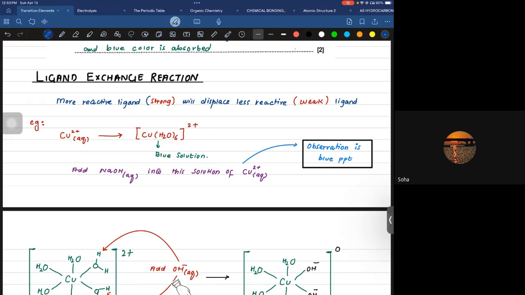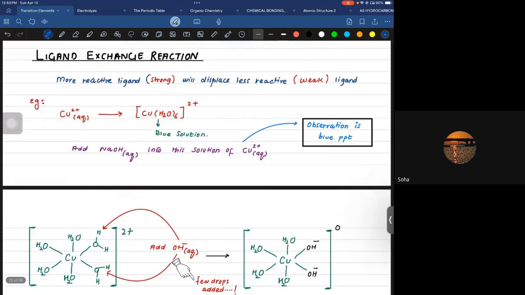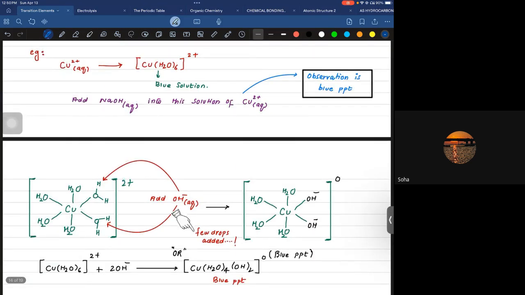Now you need to know which is more reactive and which is less reactive. So this is called ligand substitution reaction. You can see that this is the copper complex, Cu(H2O)6, that is blue in color, and I'm going to react this with OH minus.